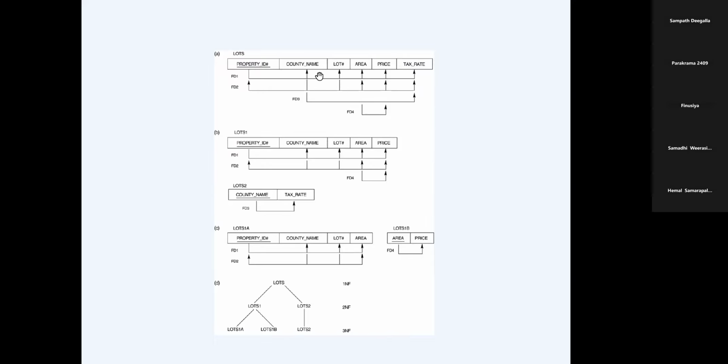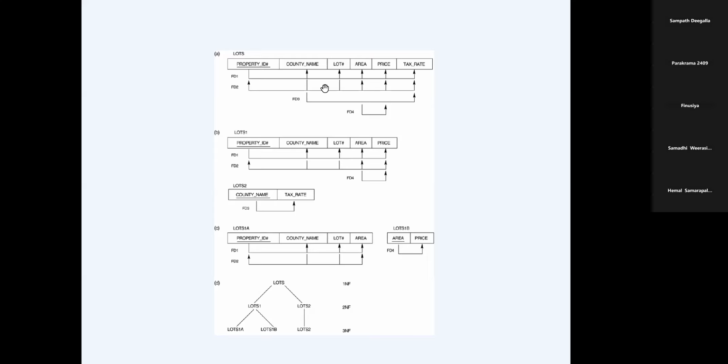This is sometimes called an alternative key. Actually, we could have used this, but you can have only one primary key. So this is called a prime attribute. And the attributes that are not prime, meaning not a part of the primary key, are only area, price, and tax rate.